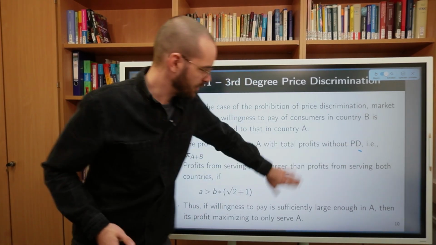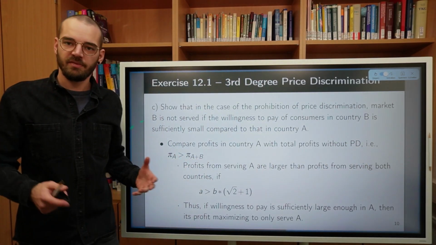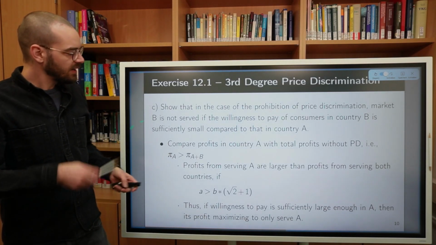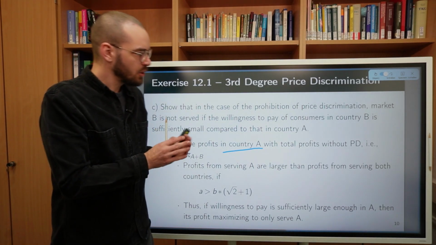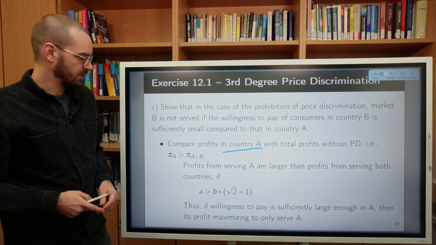Starting from these profit functions we arrived at earlier, we can now compare the profits in country A with the total profits without price discrimination.